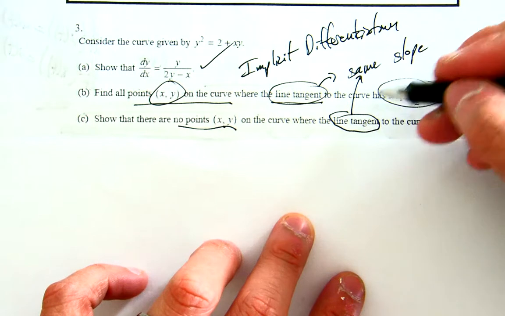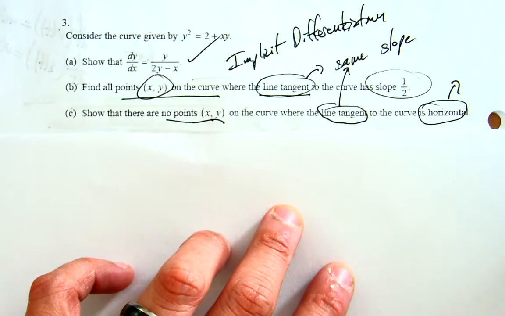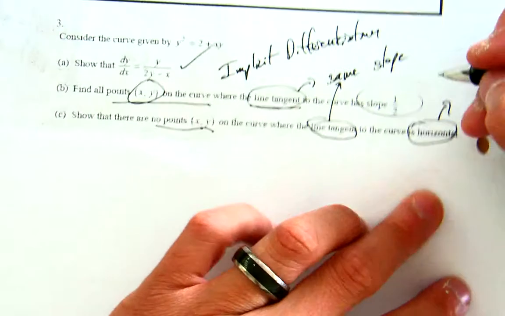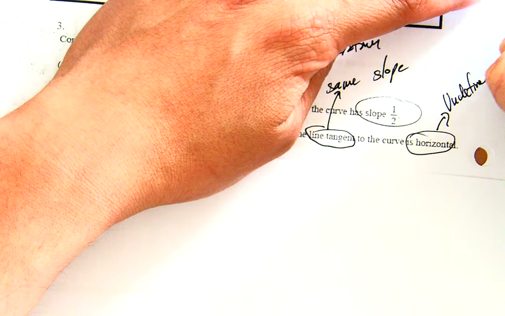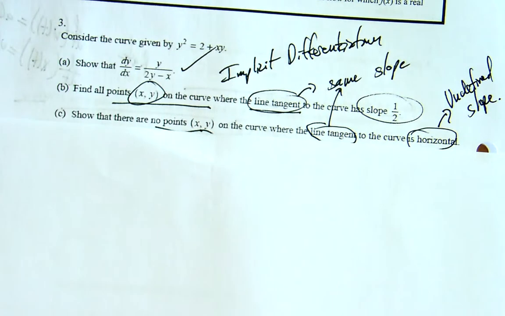We know line tangent means the same slope. What does it mean if your slope is horizontal? Hopefully you found that it means that you have undefined slope, and undefined slope means that you have 0 at the bottom.